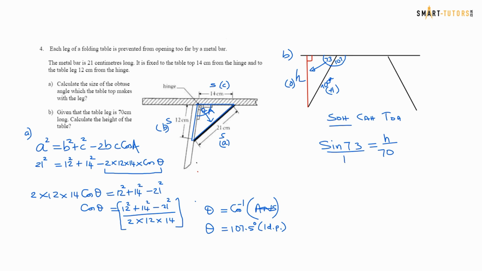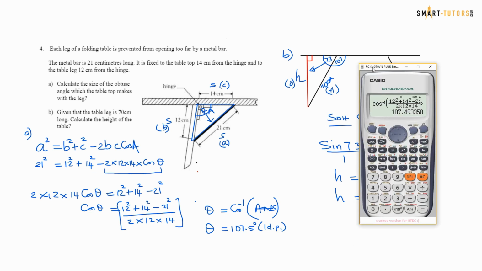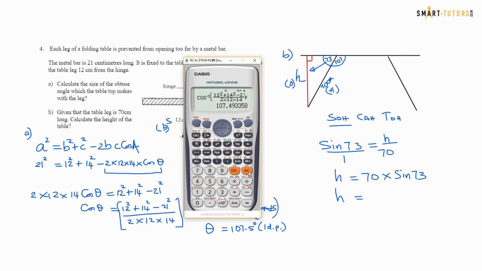Cross multiply. h times 1 is h. So h equals 70 times sine 73, which is 66.94.